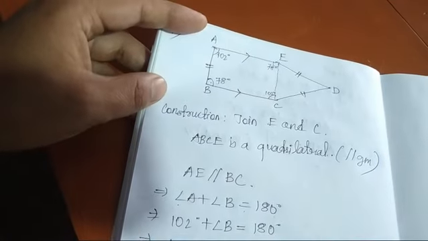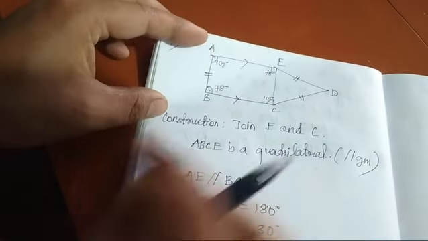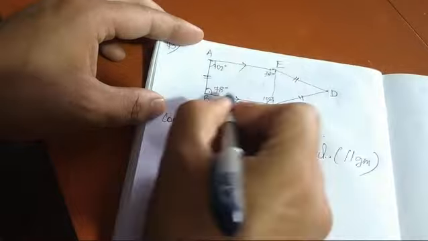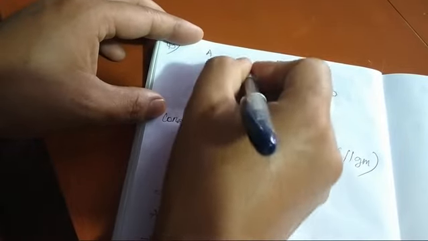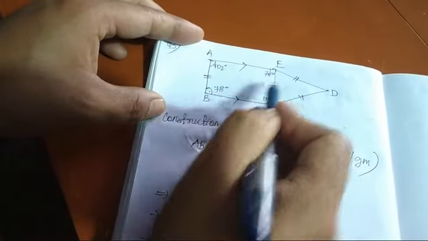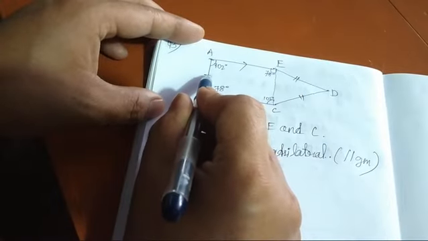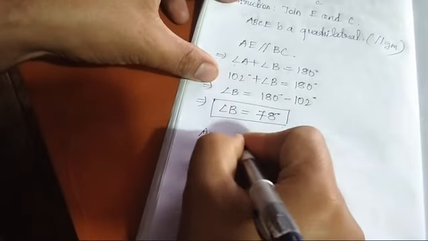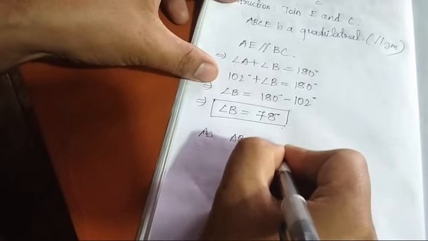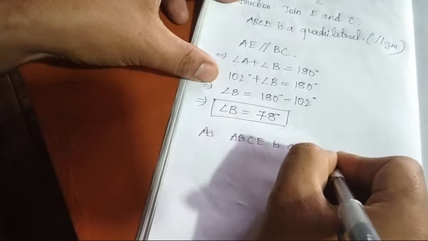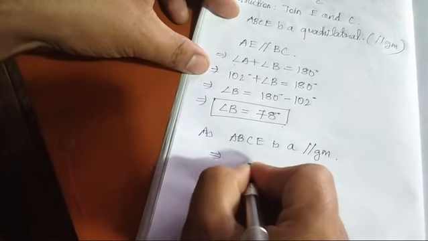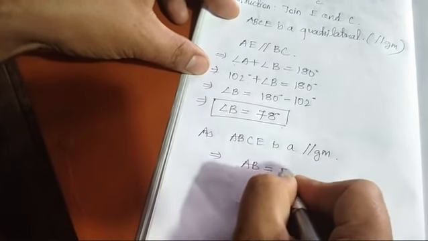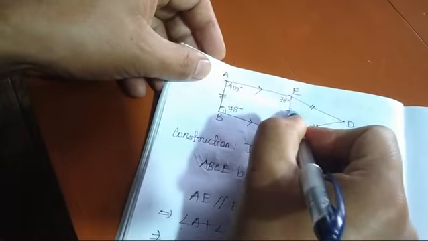And one thing I know is that in a parallelogram the opposite sides are always equal. So this side should be equal to this side, as well as this side should be equal to this side. So hence here AB should be equal to EC. We need to write here: as ABCE is a parallelogram, AB is always equal to EC.